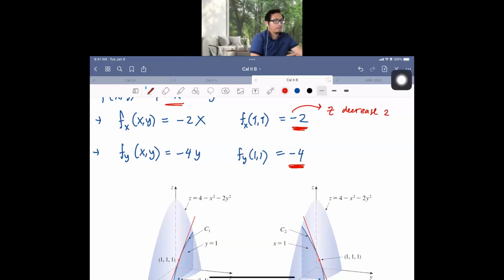And this means that z decreased 4 units. Z decreased 2 units for every increase in x. This is in y.